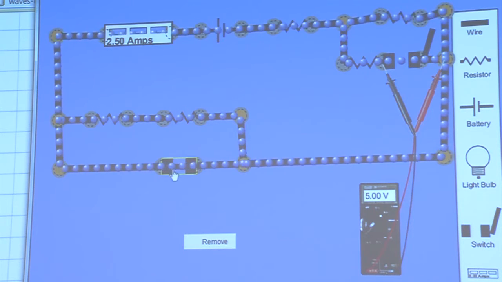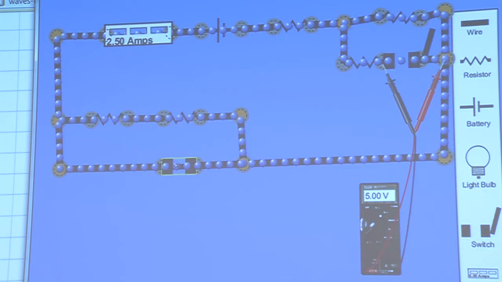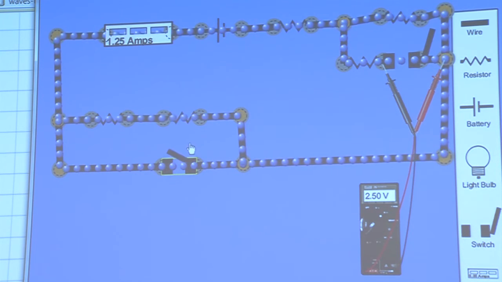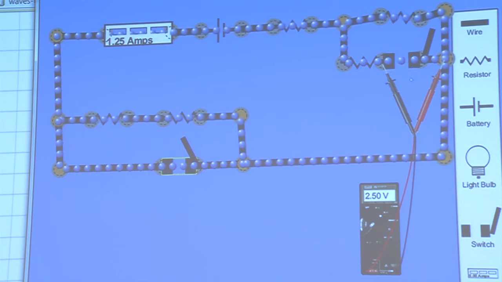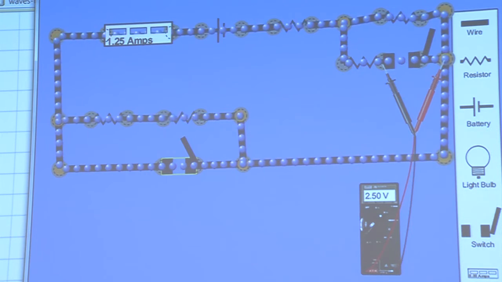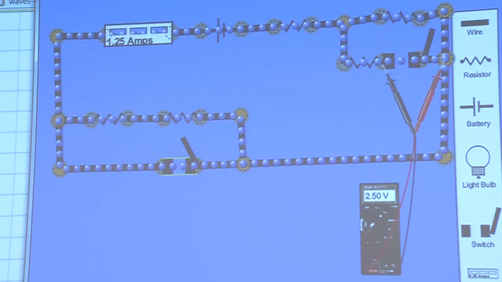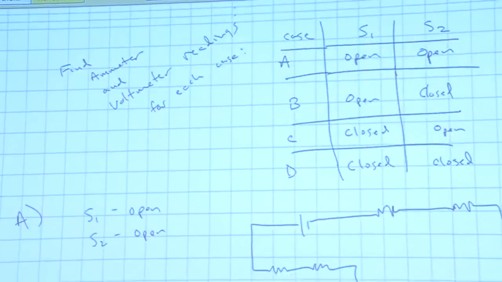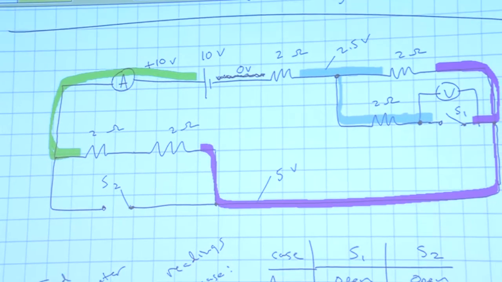Now we're going to close the other switch. I'll ask you the easy question first. What happens to our voltage reading when we close S1?